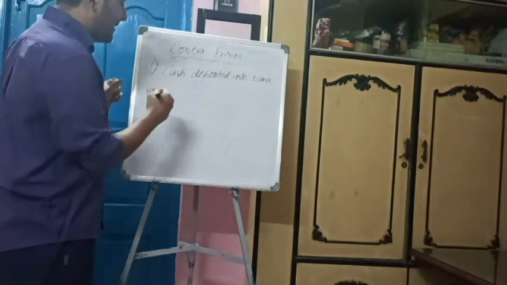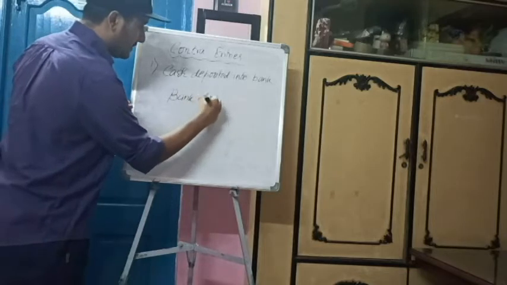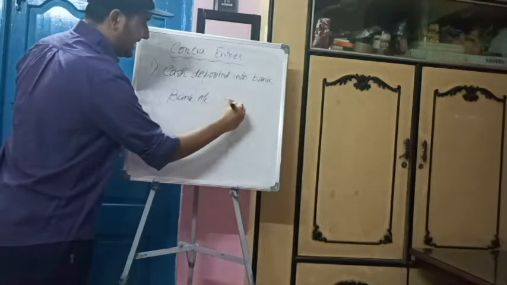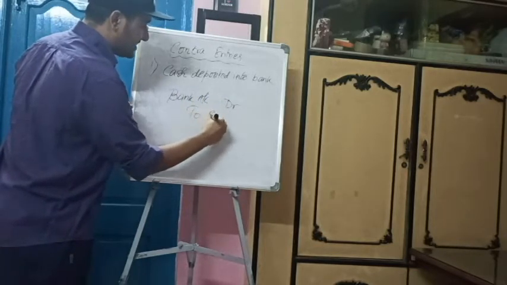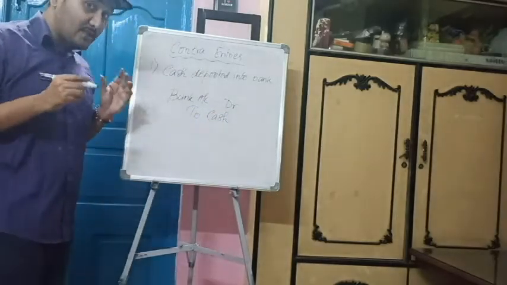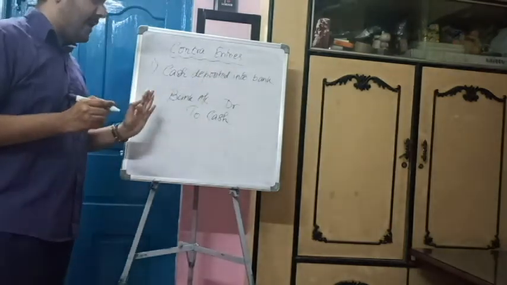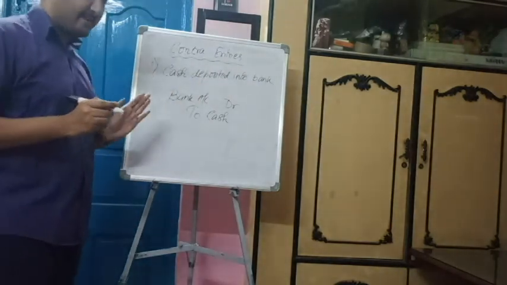So bank account debit to cash account. So this is one of the contra entries which we will learn how to post in the triple column cash book. Cash deposited into bank: bank account debit to cash account.